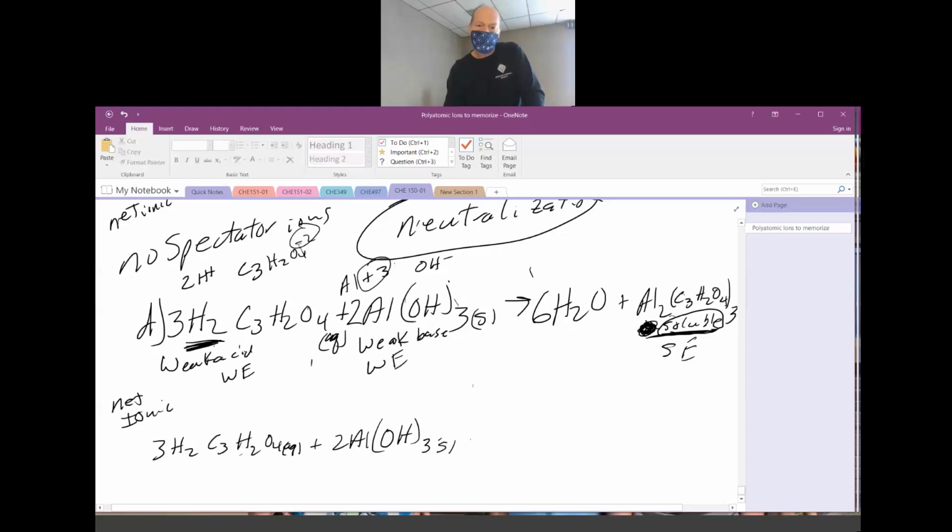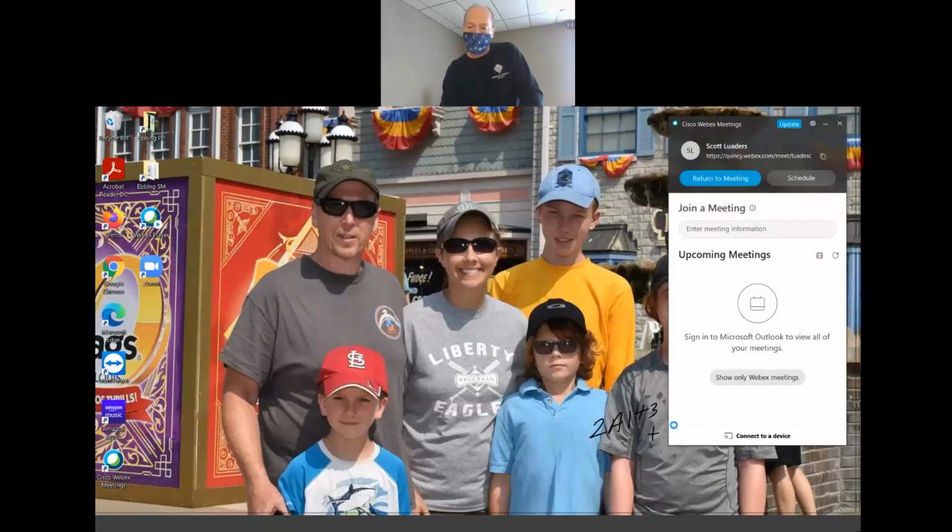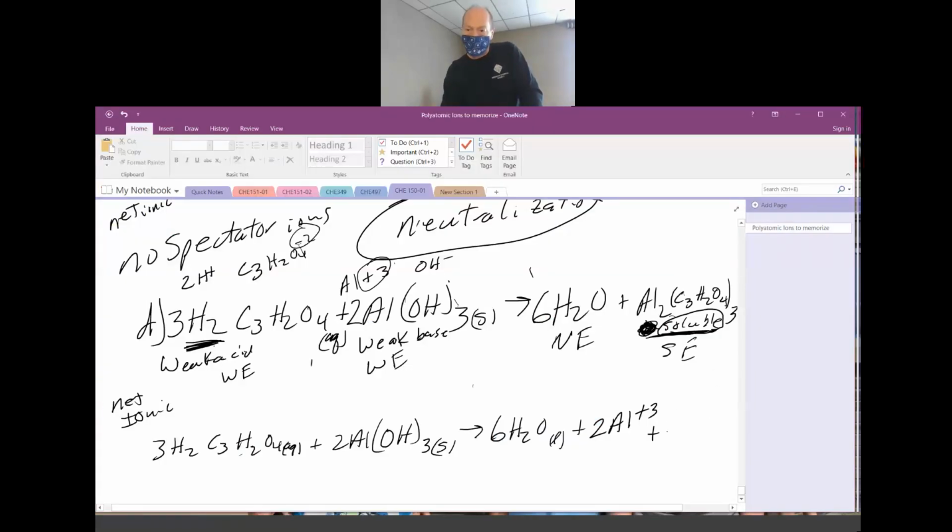It is a solid. 6 H2O liquids. Oh, this is a non-electrolyte again. Anytime you have water, it's a non-electrolyte liquid. And then I said this one's soluble, so we're going to break it up. And we get 2 Al plus 3s, and we get 3 of the C3H2O4 minus 2s.